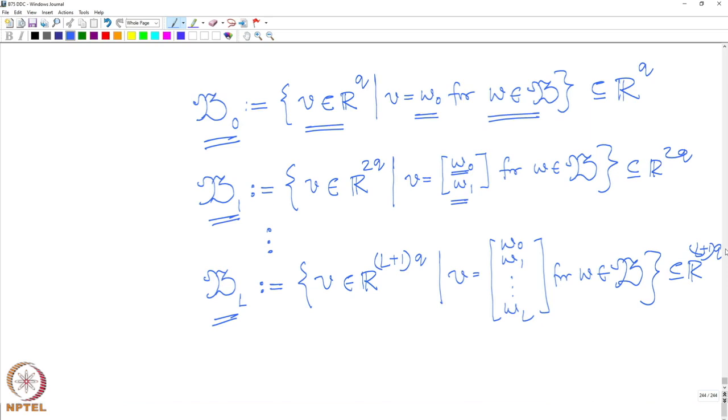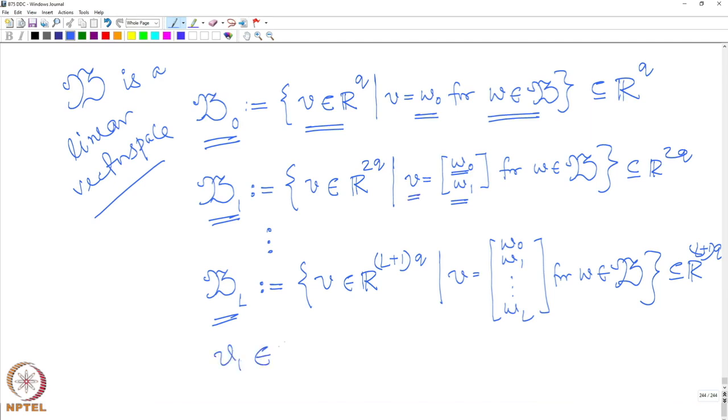Why? Because this behavior, the behavior that we have started with, this B, is actually a linear vector space, because it is the kernel of a polynomial matrix. It is closed under addition and multiplication. You can easily check that if V1 is there in BL and V2 also is there in BL, that means for V1 there is a trajectory W1.